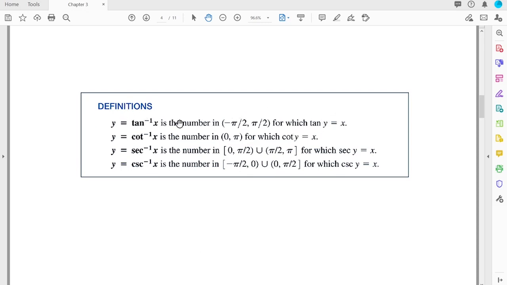So just take tan of both sides. Tan and tan inverse will cancel out, and that's how we get tan y equal x. That's how we define the inverse function. Similarly, cotangent inverse, that is cotangent y equal x, and then do the same thing for the rest of the functions, and you can do the same thing for cosine and sine as well.